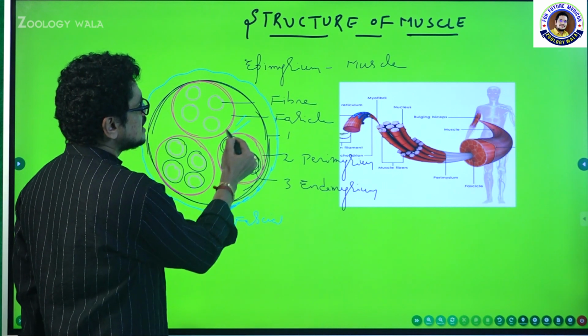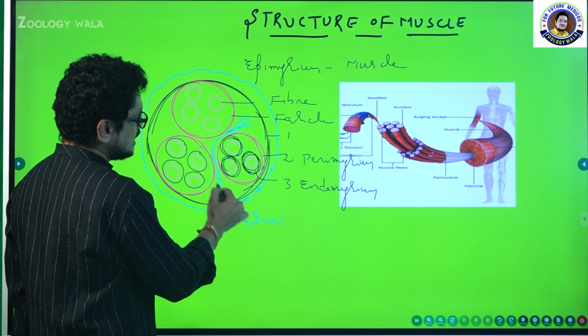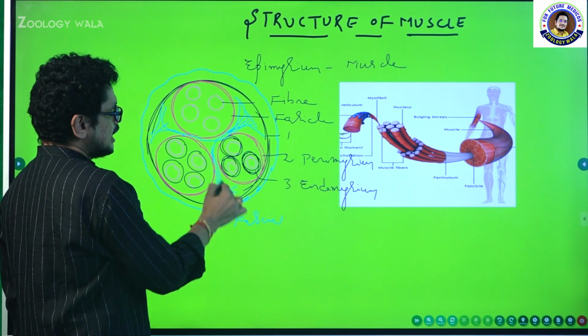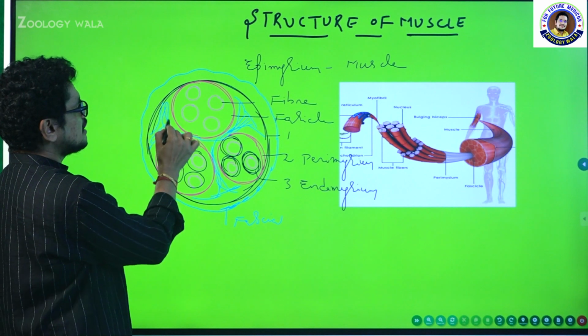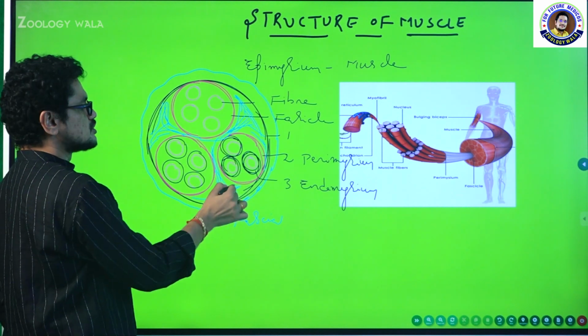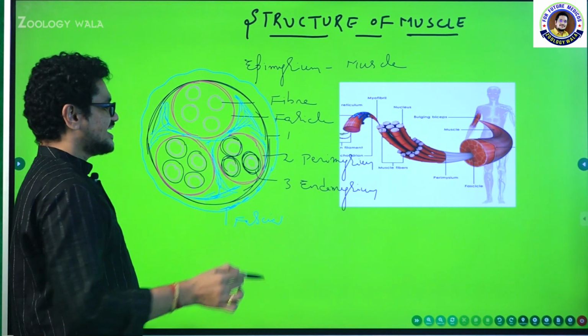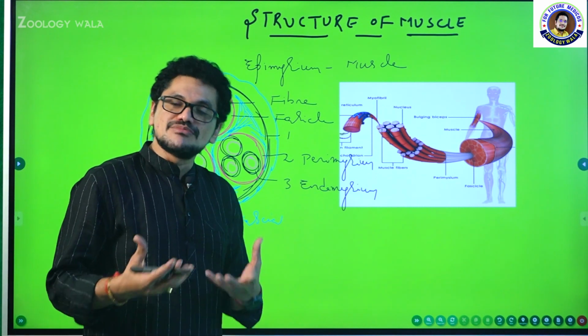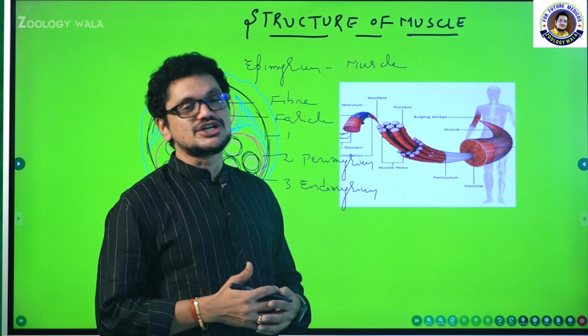Individual muscle fibers and bundles of muscle fibers are also enclosed by connective tissue sheaths. So in fact epimysium, perimysium and endomysium are also connective tissue sheaths.